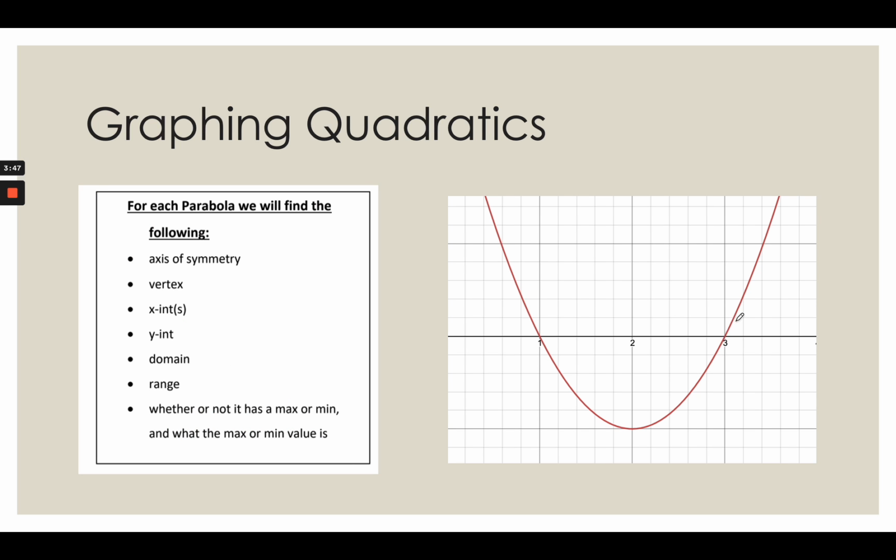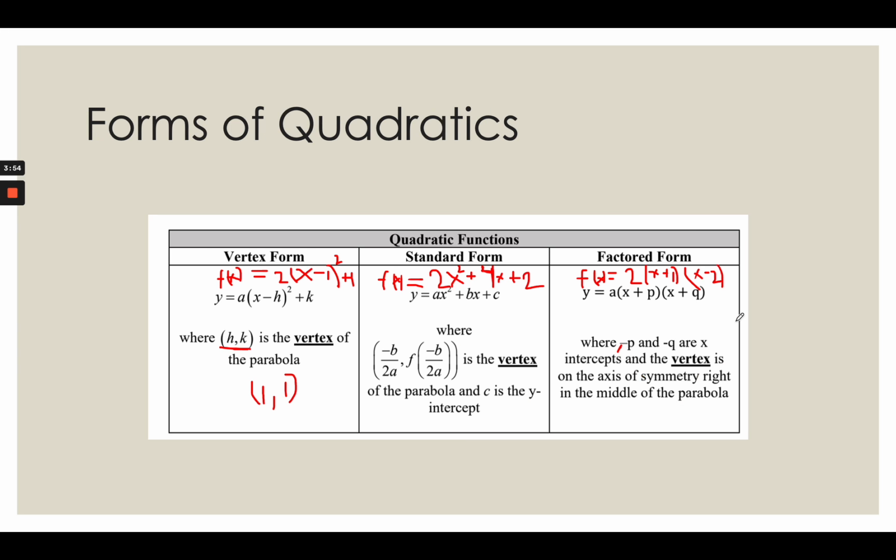So, graphing quadratics. I should say in secondary math 2, you mostly just graphed your vertex form parabolas, okay? You might have graphed factored form, but we did not have you graph from standard form.